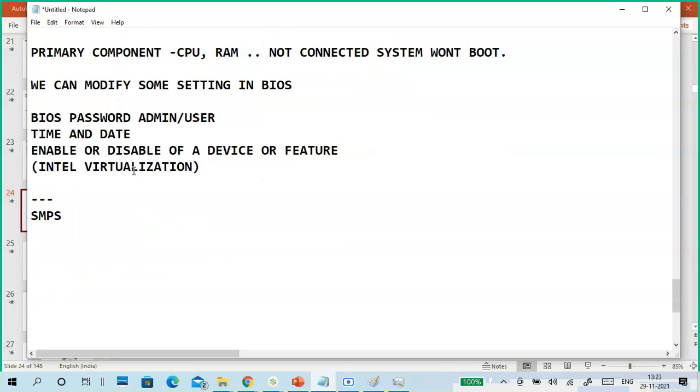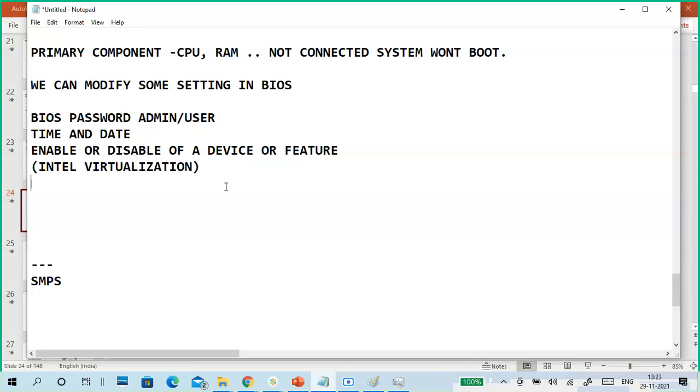In a 64-bit system, we can enable or disable Intel virtualization also. If you enable it, you can run multiple virtual machines in your PC. If you disable it, you can't run multiple virtual machines in your PC.